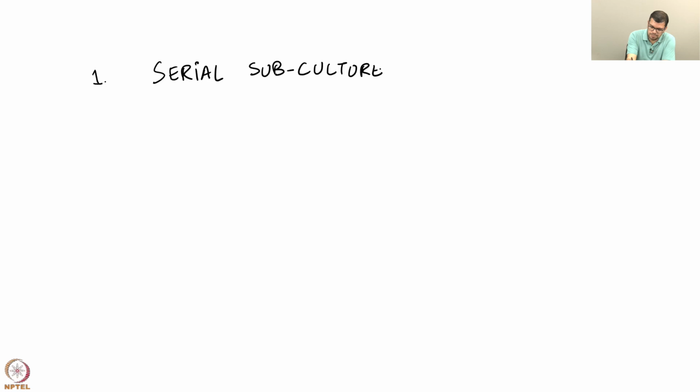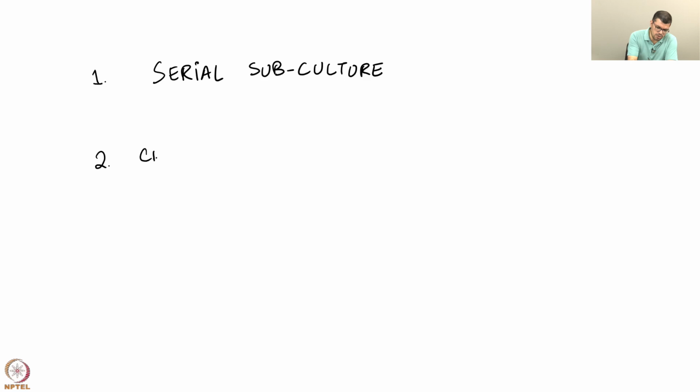So, when it comes to doing lab evolution experiments in lab, in general we have three different ways of doing this. One is called serial subculture. This is by far the most commonly used technique of doing lab evolution experiments in lab.